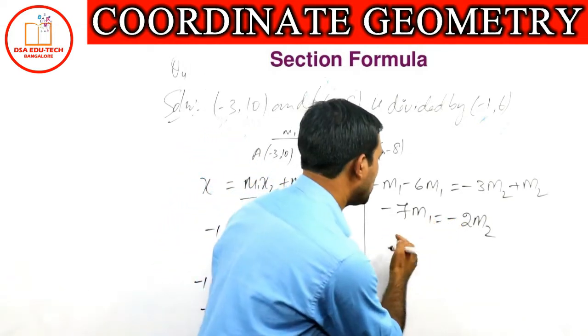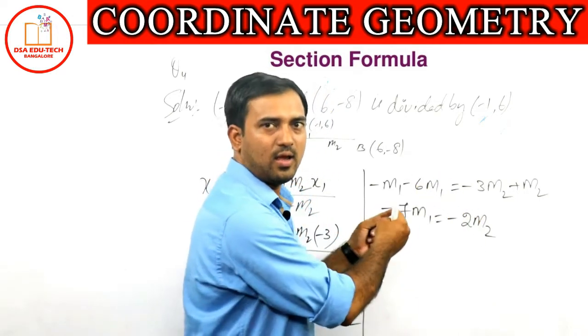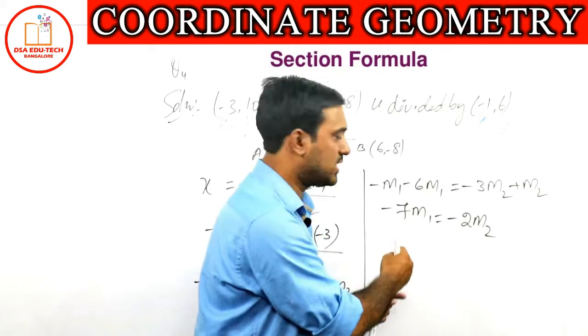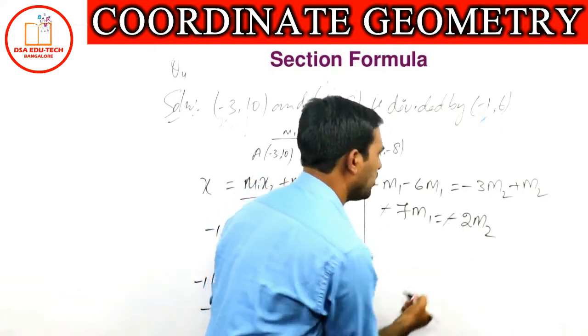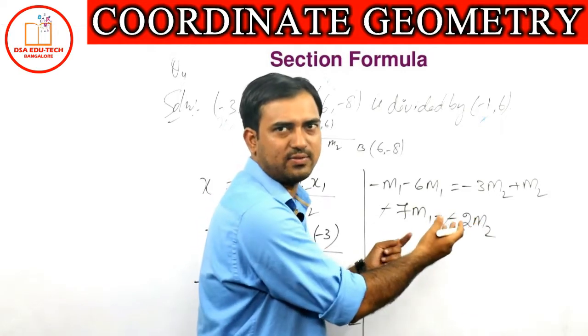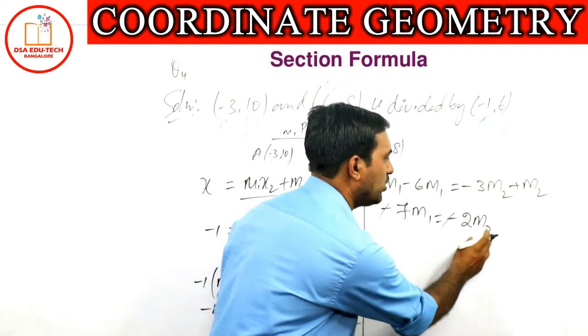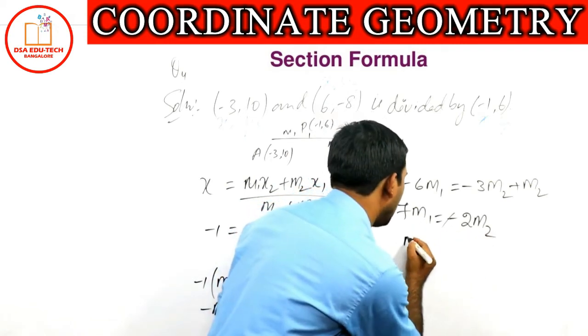The last step is I'll take the numbers to one side and the variable, that is the ratio term, to the other side. First I'll cancel the minus on both sides because the same minus is there, on the left hand side and right hand side. If the minus is common, we can cancel it. Now it is 7m1 is equal to 2m2.